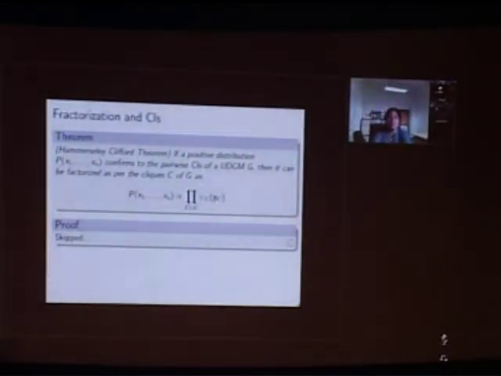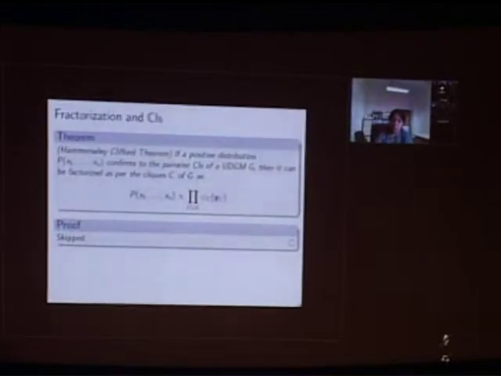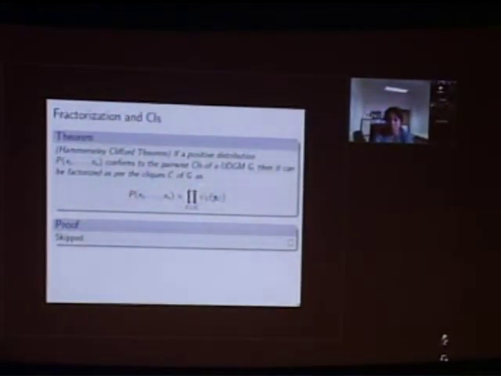You don't need to consider any potential over variable subsets which are larger than a clique. So just this is sufficient to factorize the distribution. Okay? So this is the theorem which expresses the relationship between conditional independencies, graph structure and factorization. Okay? So we are not going over the proof of this one.